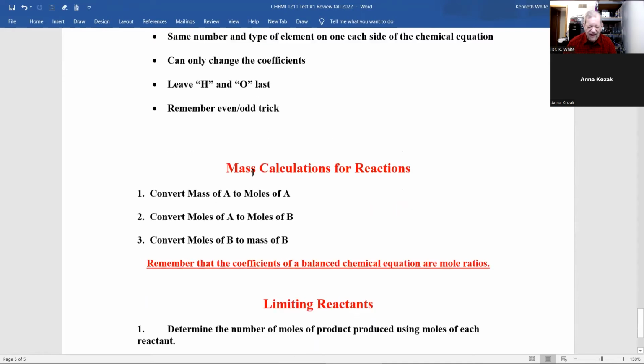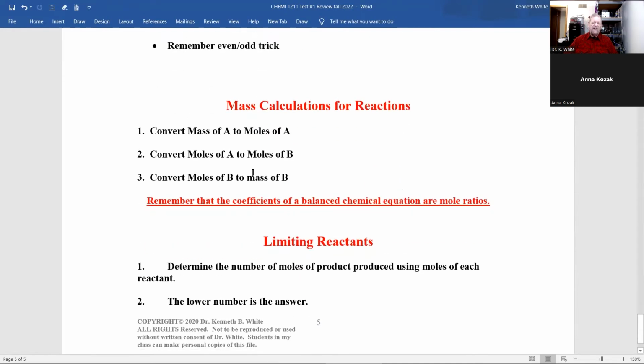And by using that, you can do the following 2 types of problems. One is mass calculations for reactions. That's where you're given a balanced chemical equation and asked to go from grams to grams, grams of a compound or element to grams of another compound or element.